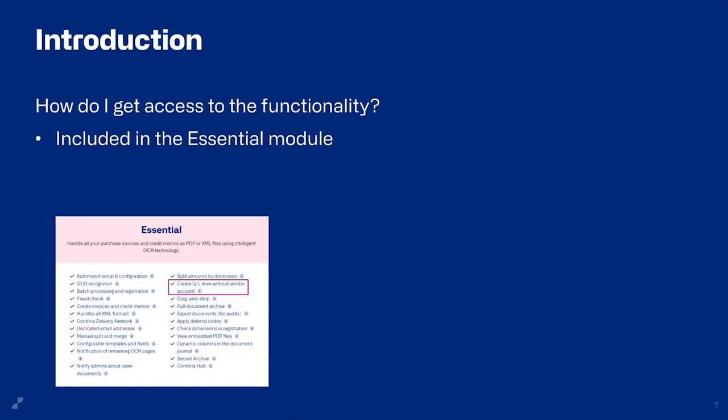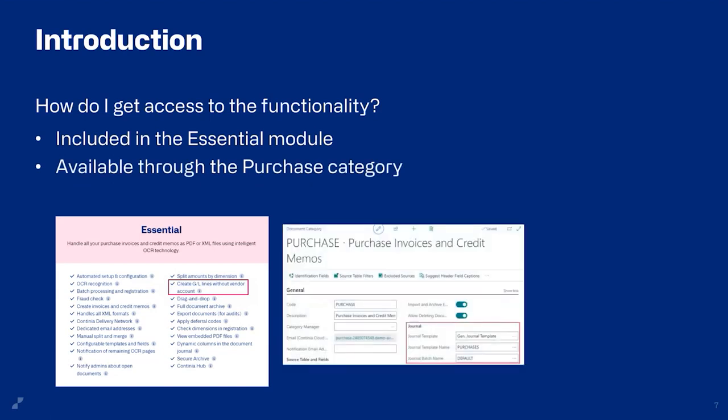You can create GL lines directly from the basic module, so to say. The journal postings are handled through the purchase category. As you can see here to the right, the image shows that we need to go in and configure a few settings in order to tell the category where to ship those entries, those new lines.